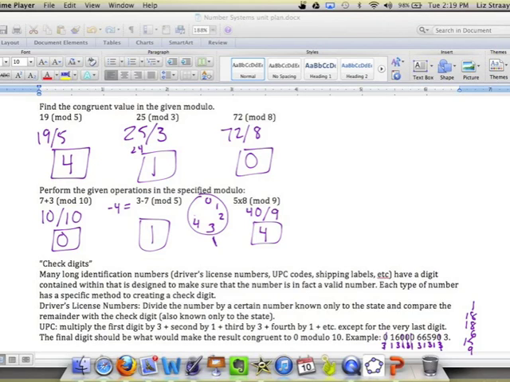And I would add those all up. Okay, so when I add them all up, I get 67. So then our check digit should be whatever it takes to make this thing go up to the next 10. So if I would add 3 to this, it would be at 70. So our check digit should be a 3.